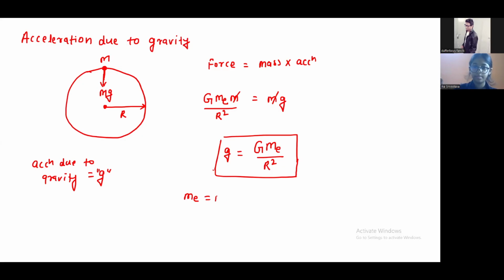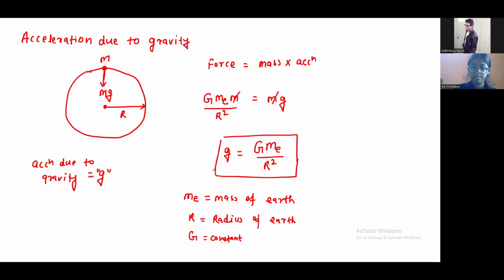Me is the mass of earth, r is the radius of earth, and G is the gravitational constant. Everyone knows the mass of the earth and the radius of the earth.